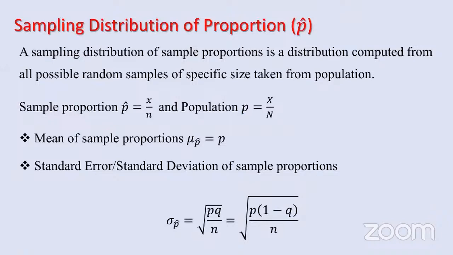If you remember, if n times p and n times q are greater than 10, then the distribution of this proportion will be normal. For the mean, mu sub p hat is equal to the population proportion p, and the standard deviation will be the square root of pq over n. We already have that formula, so let's go to the example.